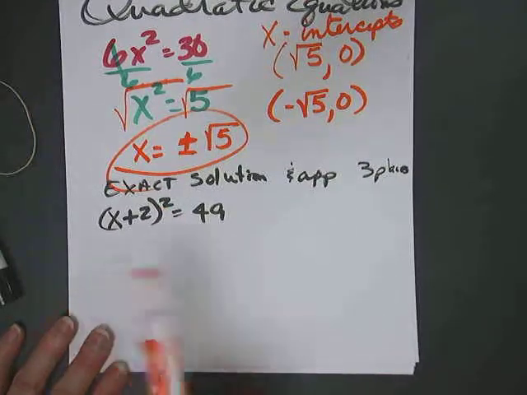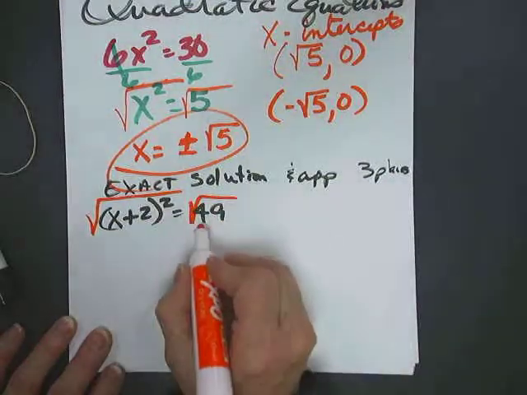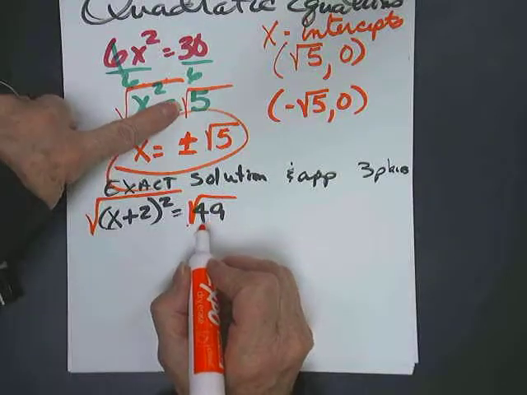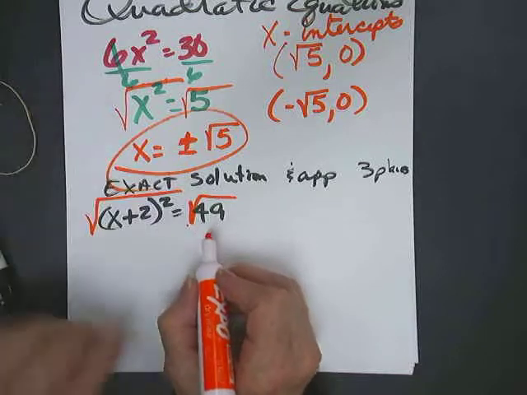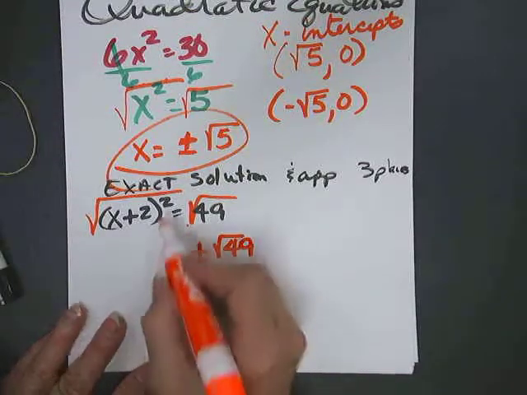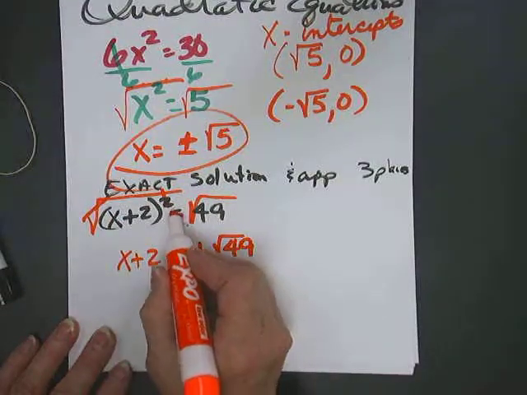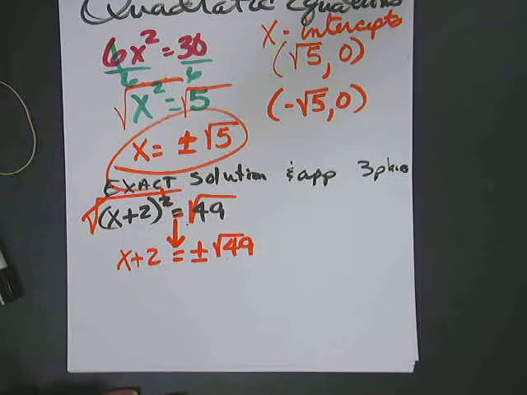How do you solve if it has squared right here? Square root, right? When you square root, what do you do here again? We plus or minus it, right? Square root goes away. Don't forget to bring your equals down.